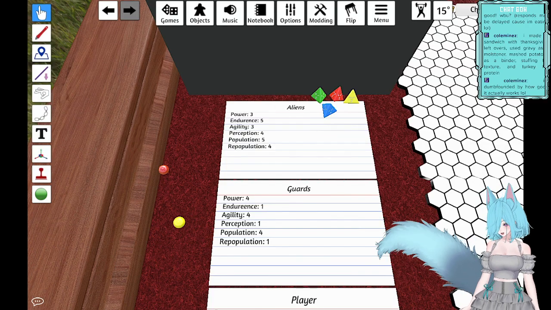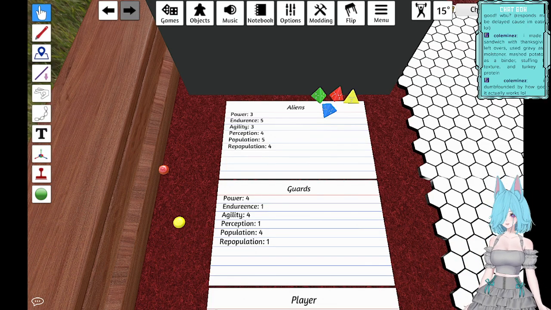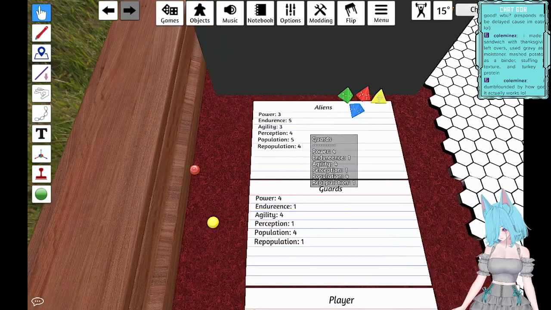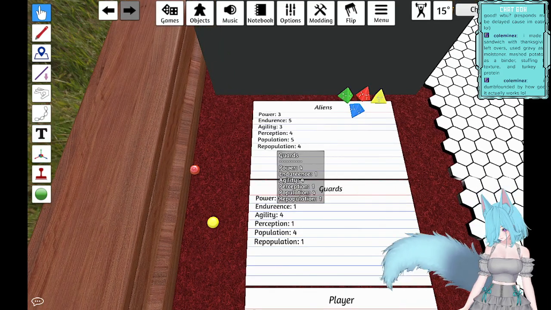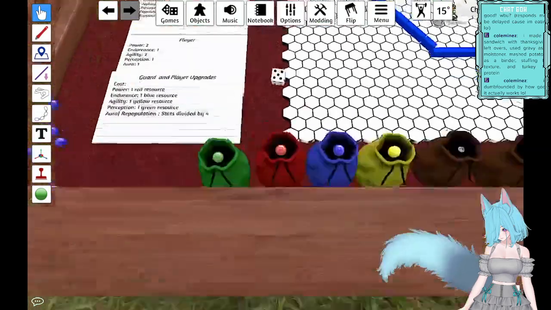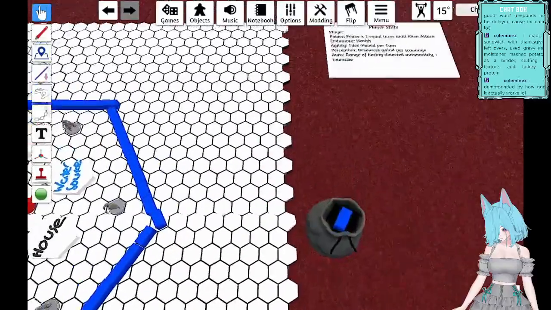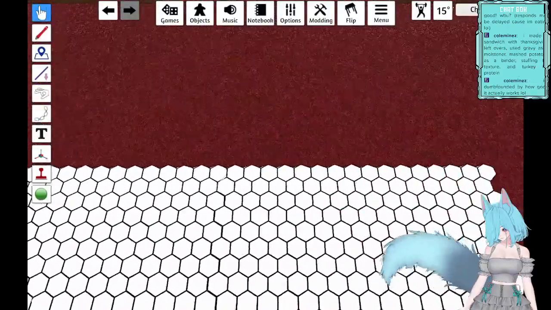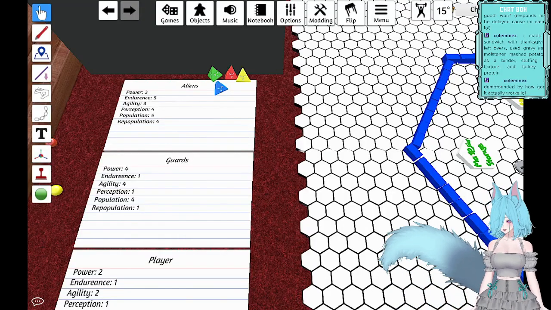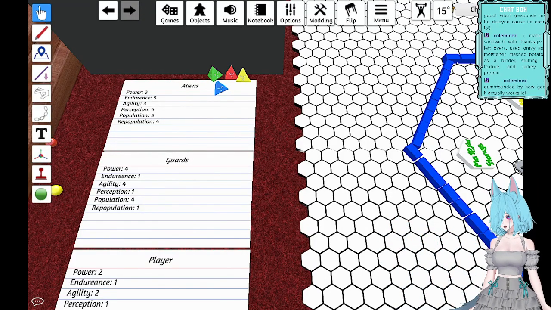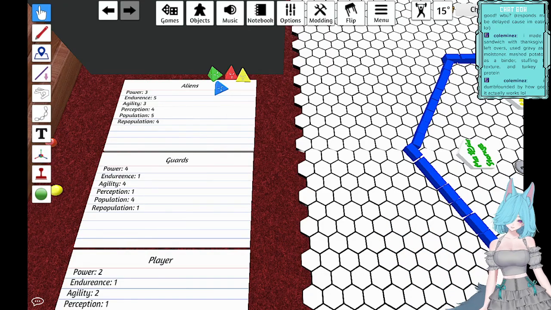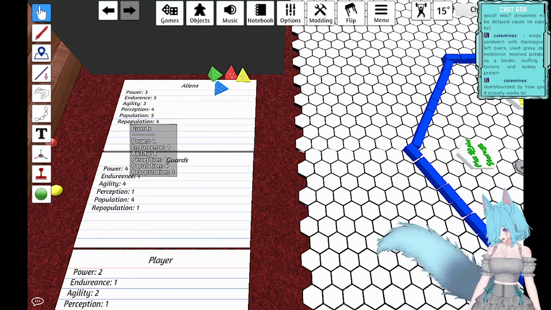But yeah, we actually don't want to give them too much endurance here. Or do we? I just realized endurance is not a stat that affects the player. Like, giving the guard endurance is not a stat that affects the player. Which I have to change. Because right now, we can fully go into endurance.